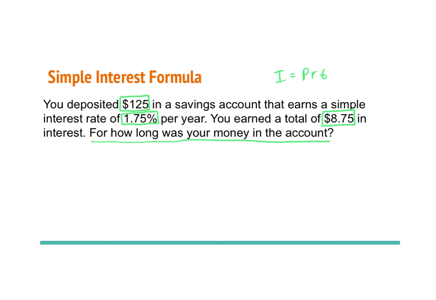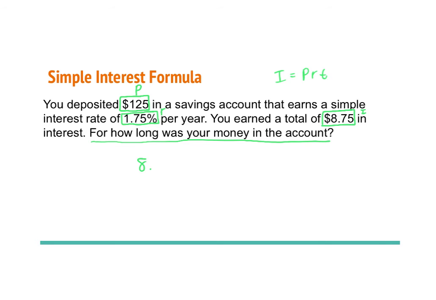So let's go ahead and fill it in. 125 is our original principal. That's how much we invested or deposited. Our rate is the percentage, and then $8.75, that's our interest. You earned a total of $8.75 in interest. So now that's our I. Let's plug into our equation what we know.